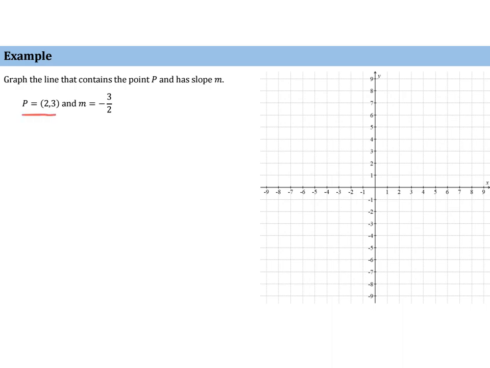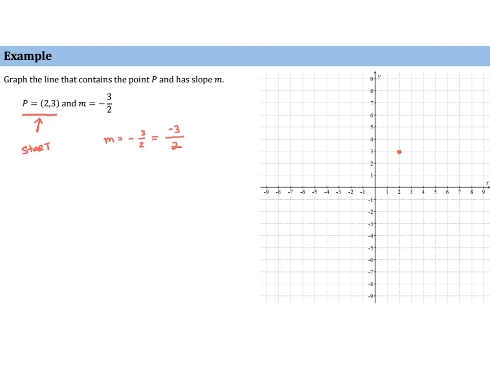So we're going to start at (2, 3), 2 on the x, 3 on the y. And then our slope, m, is -3/2. Now we can think of that as -3 over +2. And that would mean that we could go down 3 to the right 2.